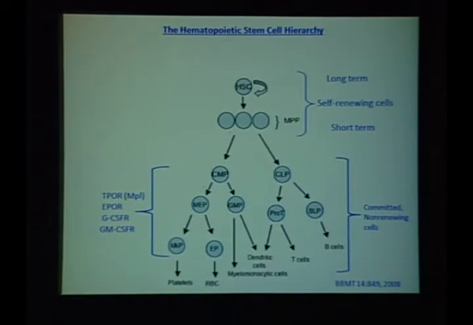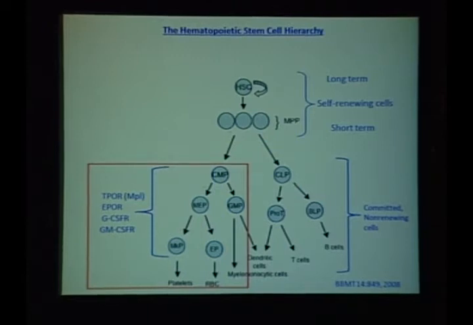So here we're back to our classical stem cell model. And let's hit the button, and what do you see? Well, down at the committed progenitor cell level, you see the 4 receptors that require Jak2. And if all of those receptors are constitutively active, guess what you get? Polycythemia. Too many red cells, too many white cells, too many platelets.